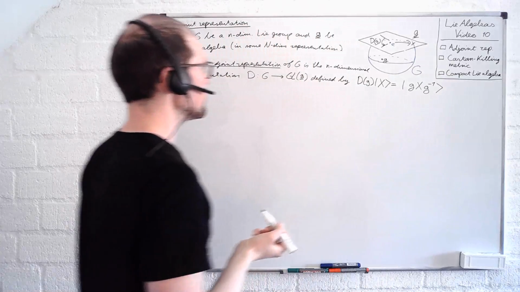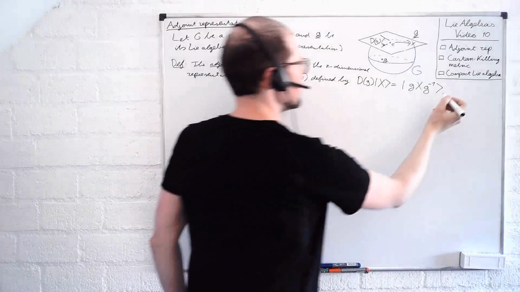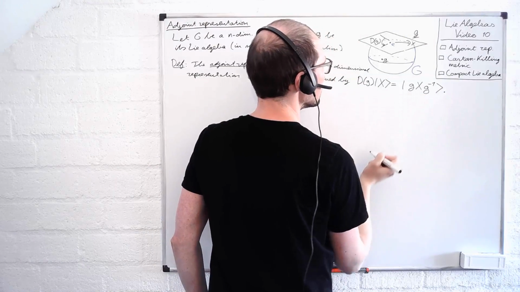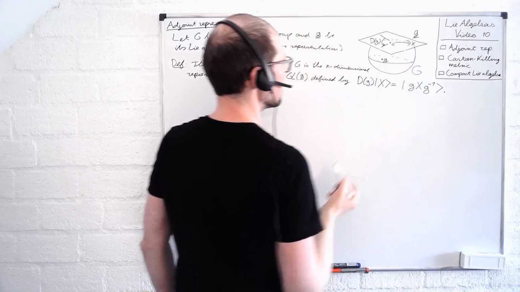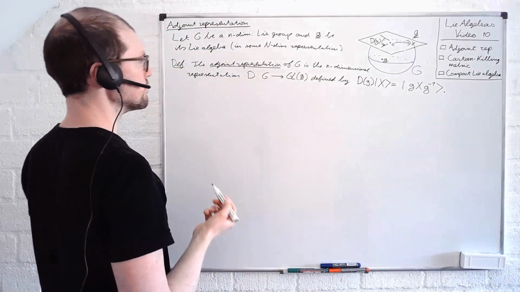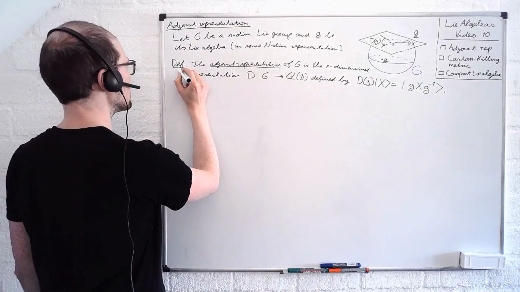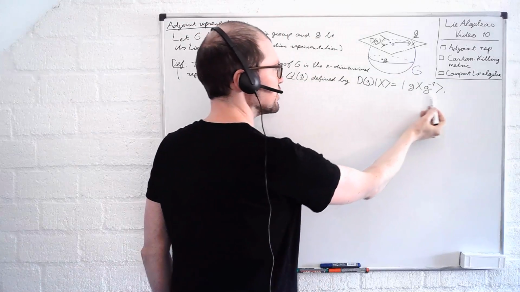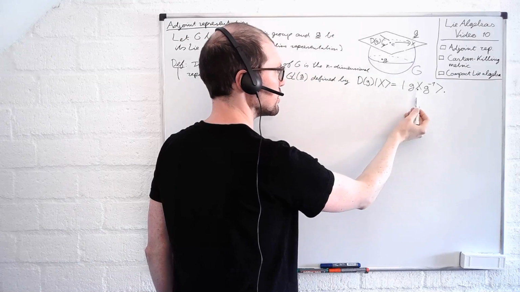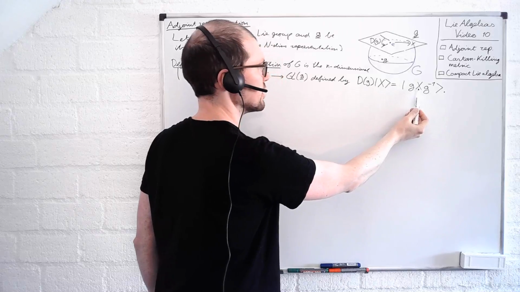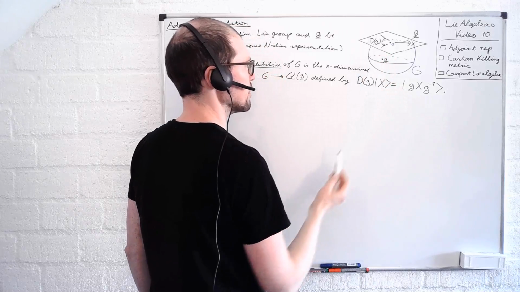Okay? I claim that this really gives a new element of the Lie algebra. And clearly it's a linear mapping because x appears just once on the right-hand side. So that would define a representation.